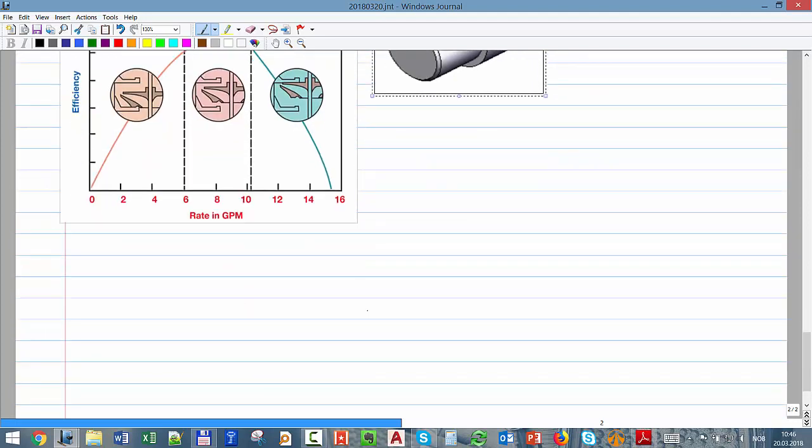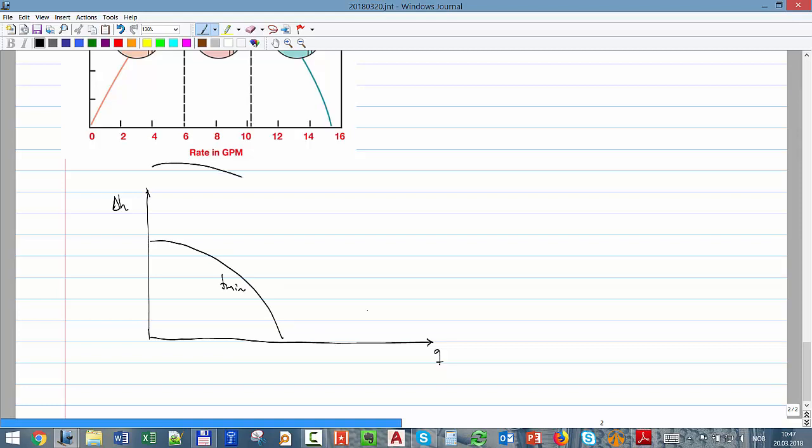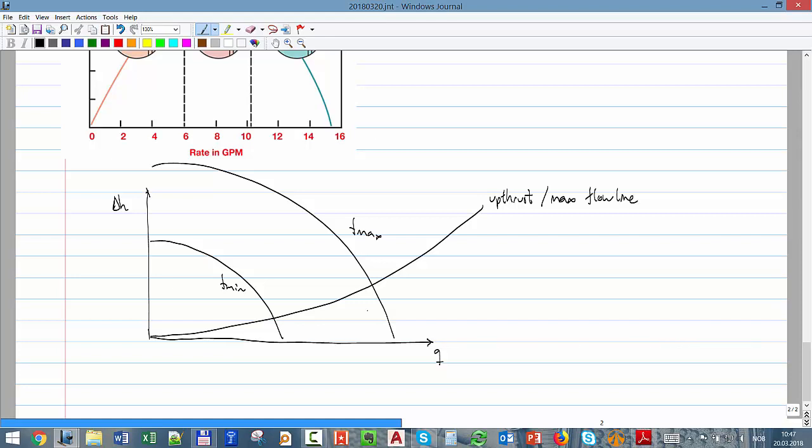So at the end, because of these two things, efficiency, up thrust, and down thrust, we end up with F min and F max, and then two lines: the up thrust, or the maximum flow line, and then the down thrust, the minimum flow line.